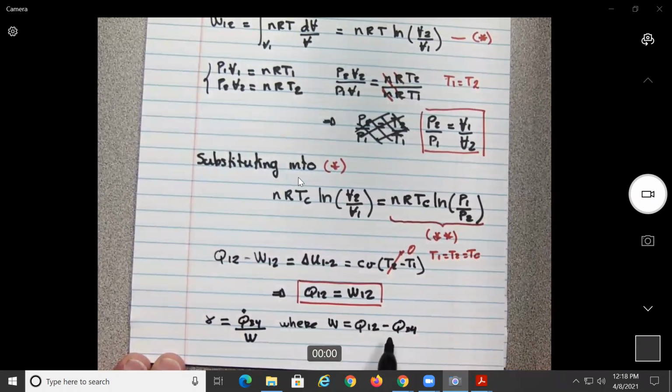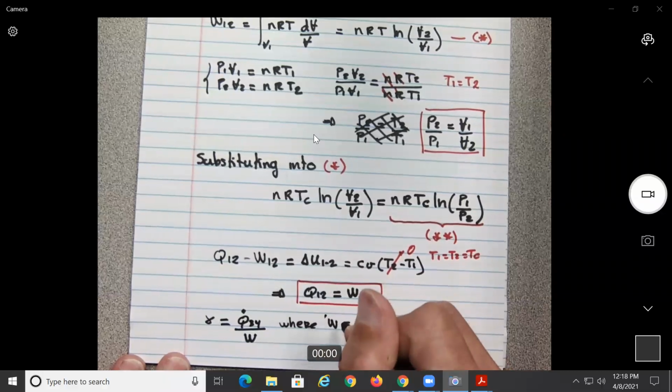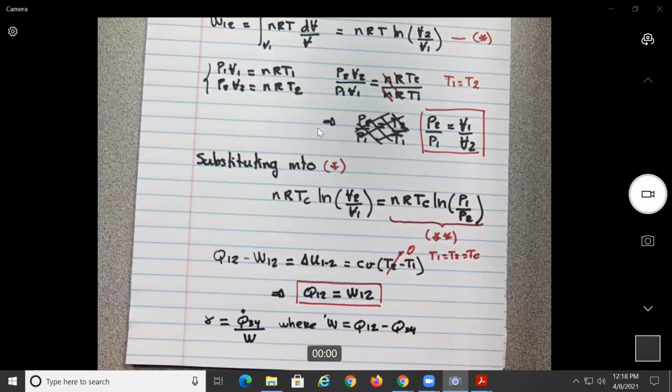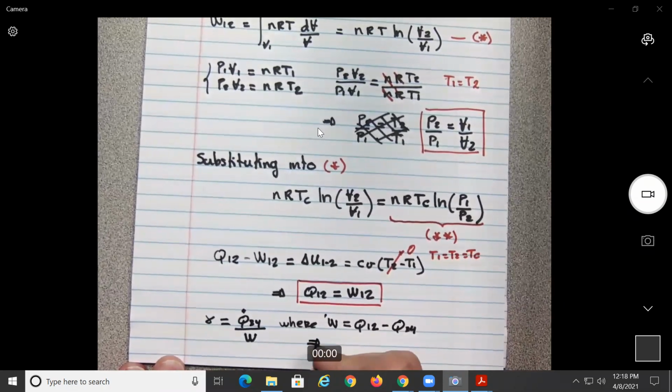Actually it could be vice versa, no? Let's just put the absolute value here. We'll find out. So at the end, it should be Q34 minus Q12.